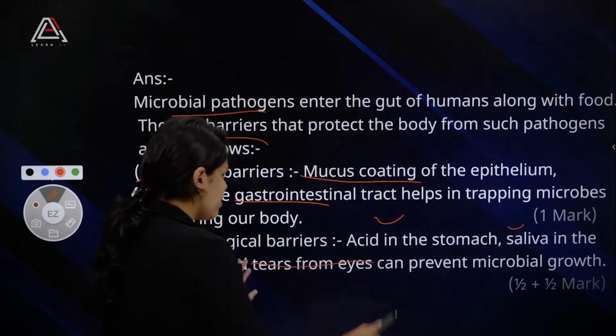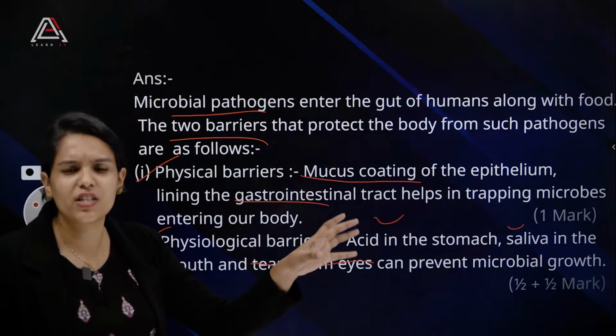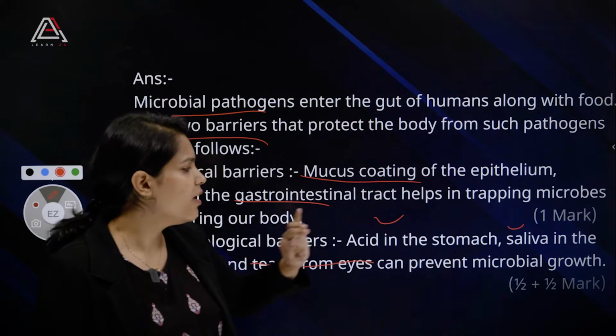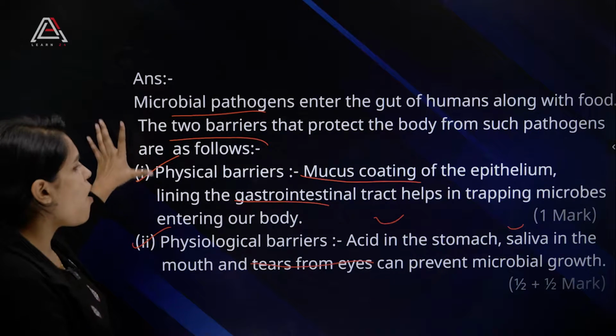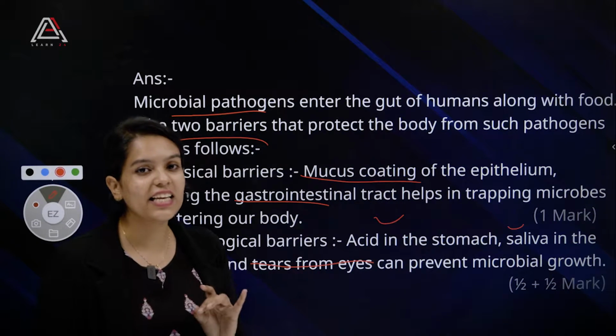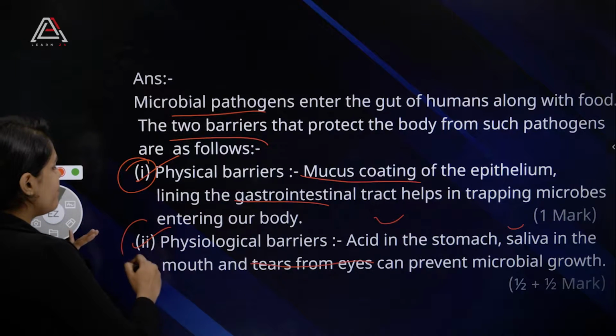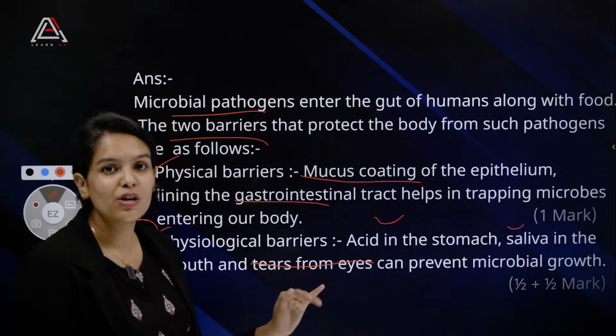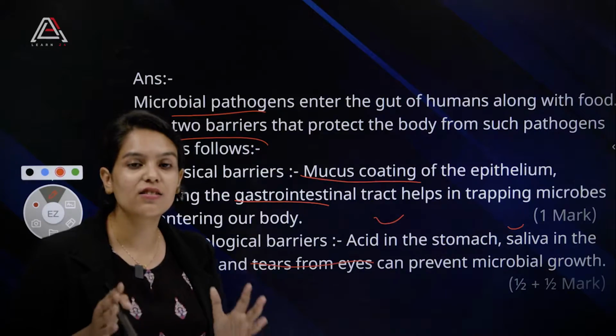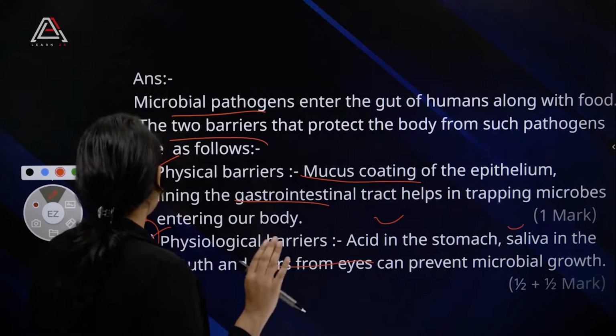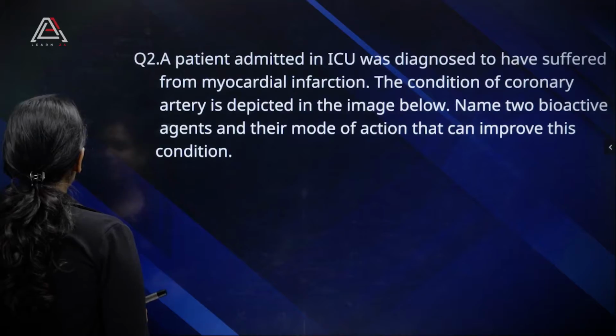No need to mention tears from the eyes, because the question specifically asks about the gut. If you provide all this information, you will definitely get the 2 marks. You can see the barriers are put in 2 points, so if you provide your answers in points, you will definitely get the 2 marks which you want.